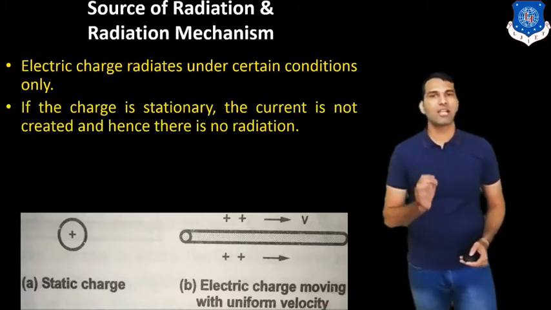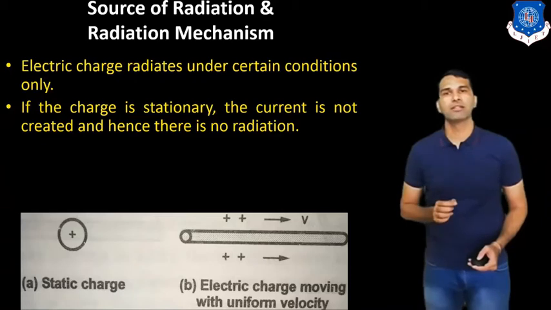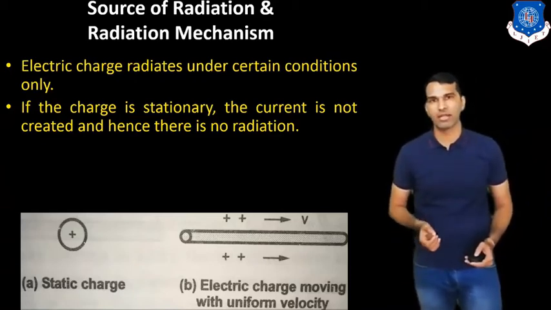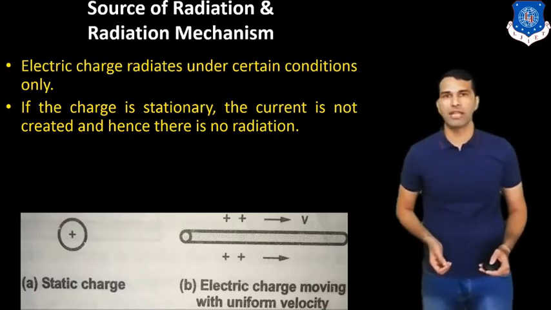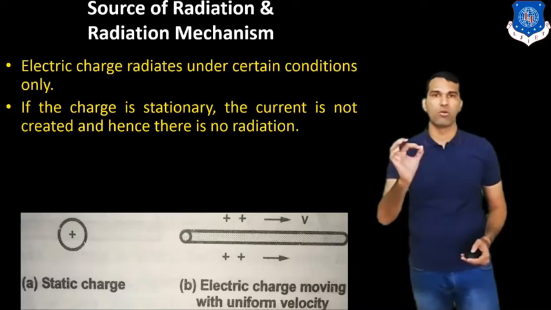If the charge is stationary, the current is not created and hence there is no radiation, because in a stationary charge, the current is not created. So due to that, the radiation is zero.